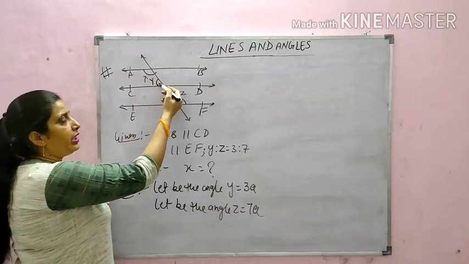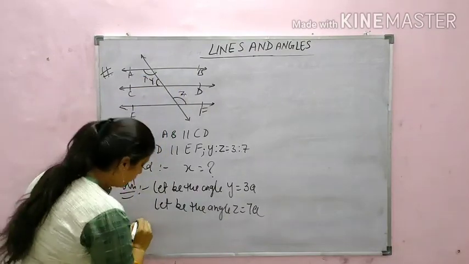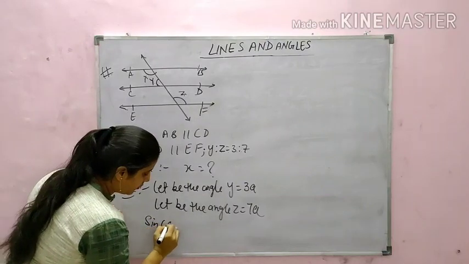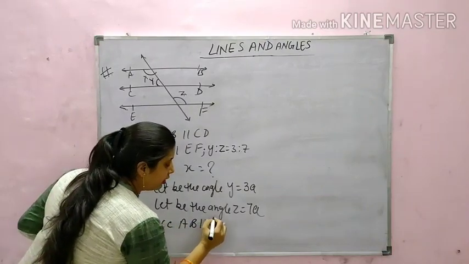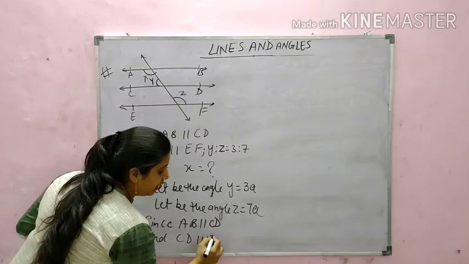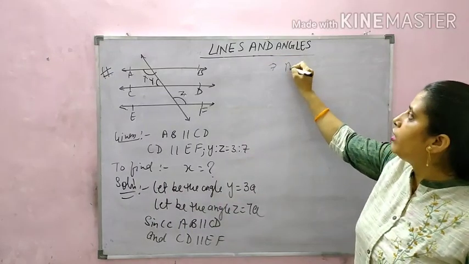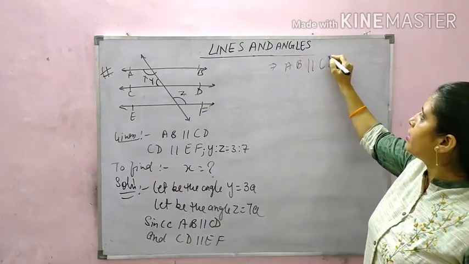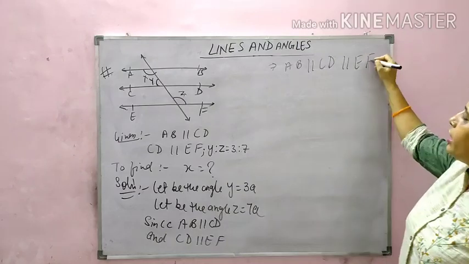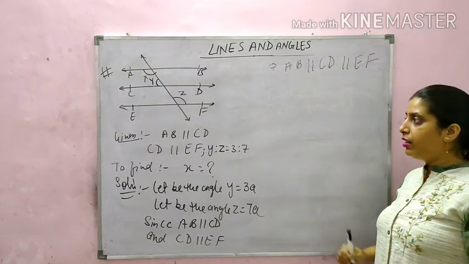Now see, x plus y. These are co-interior angles because AB is parallel to CD. Since AB is parallel to CD and CD is parallel to EF, all the three lines AB, CD, EF will be parallel. Clear?